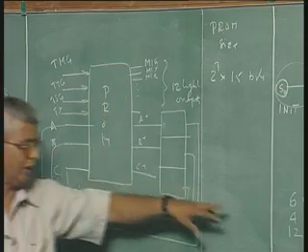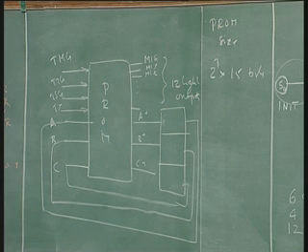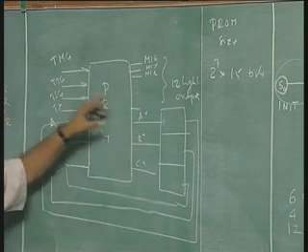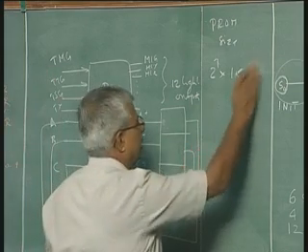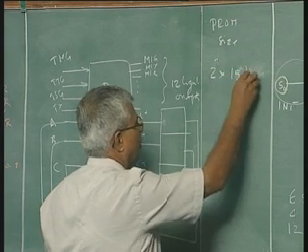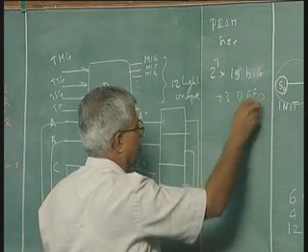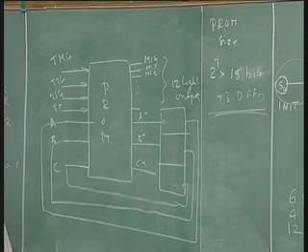If I can combine some of these outputs, I can reduce the size, but I do not want to do it. Without any compaction of the outputs, I have 12 outputs for the lights and 3 for the next state, 15 outputs, and 4 plus 3 is 7 inputs. So 2 power 7 into 15 bits is the size of the PROM, plus 3 D flip flops can do the job. We can look at some of the other implementations next lecture.